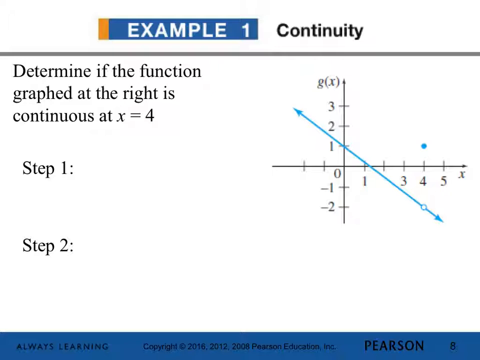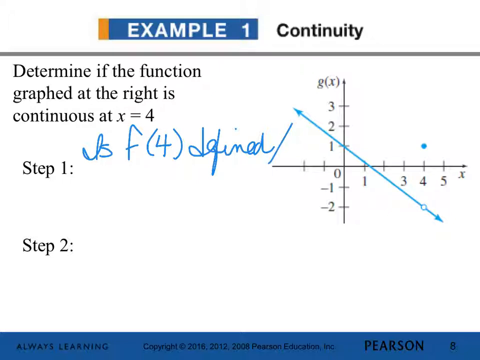So here we have another example of continuity. And again, we're going to approach it step 1, step 2. So step 1: is f of 4 defined? Or does it exist? I'm sorry, that's g. Is g of 4 defined? Does g of 4 exist?